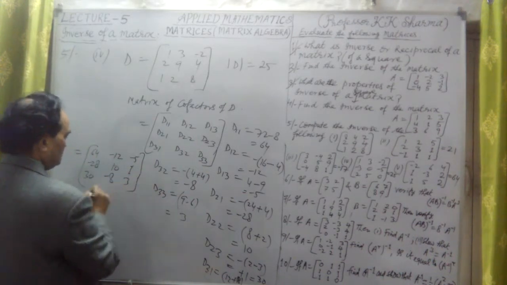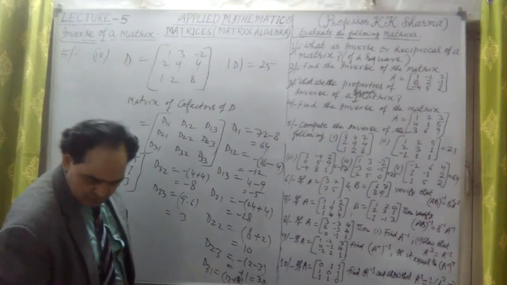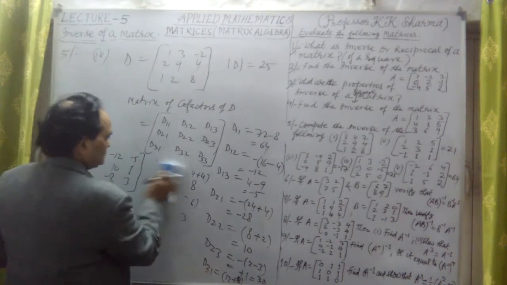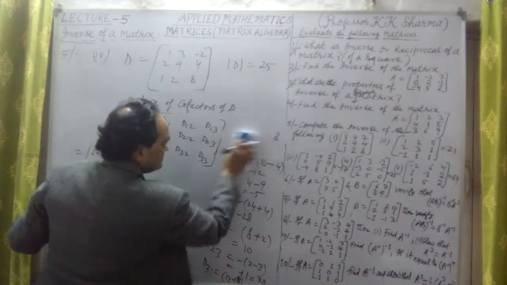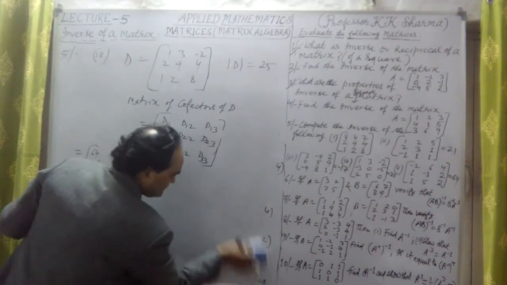This is your matrix of cofactors. Let me transpose this, and the transpose will give us the adjoint of D.